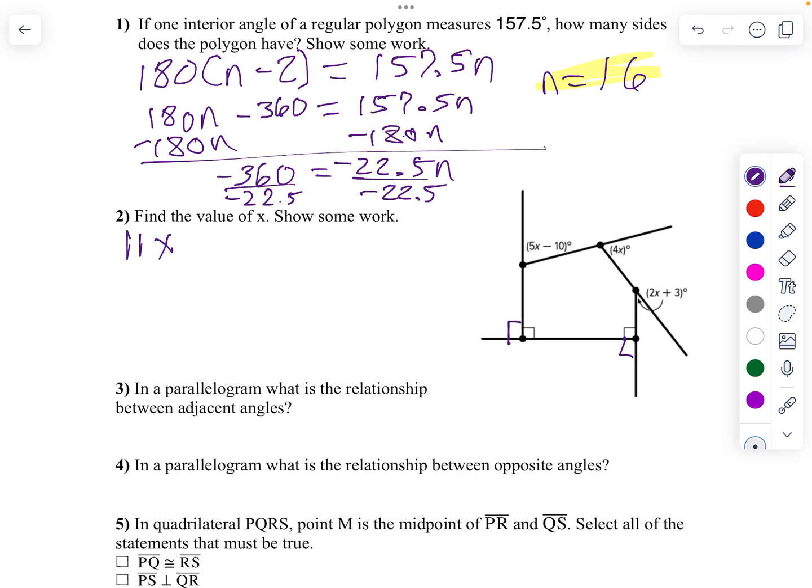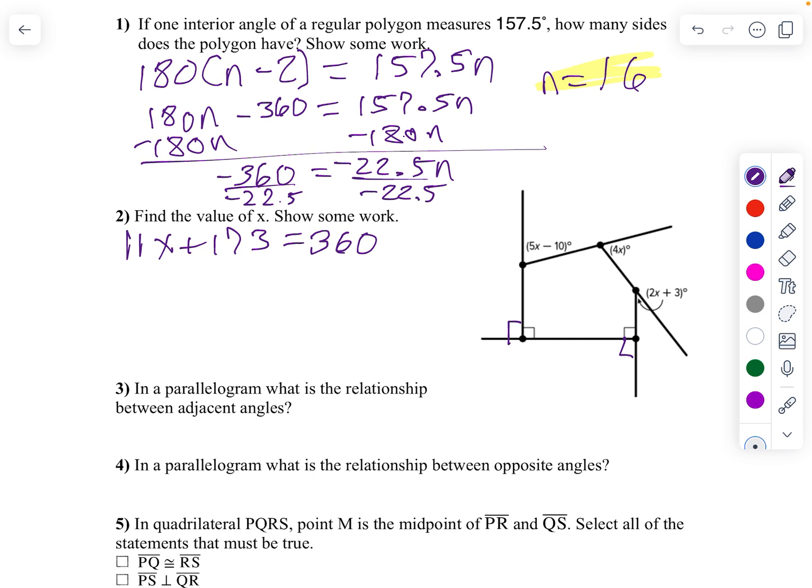Now, if we add up our numbers, negative 10 plus 3 is negative 7 plus 180, which would be 173. And we get a total of 360, don't we?